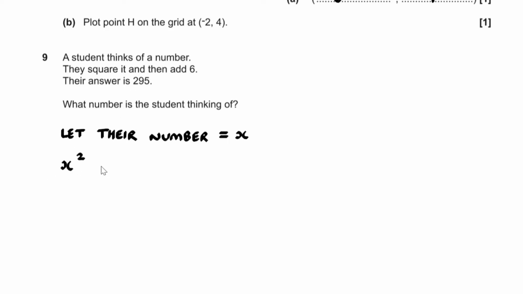After they square it, they add on 6 to this number. The result is 295. So we need to find out what x is, their original number. The first thing we will do is subtract 6 from both sides.